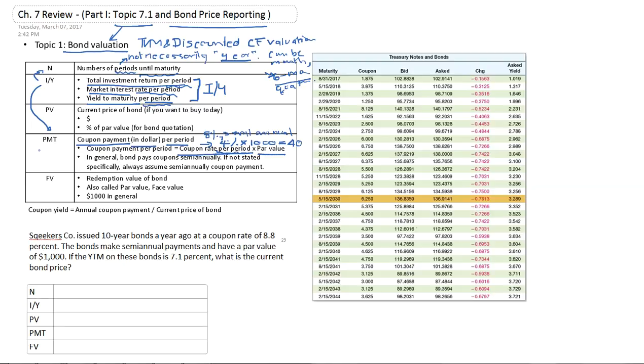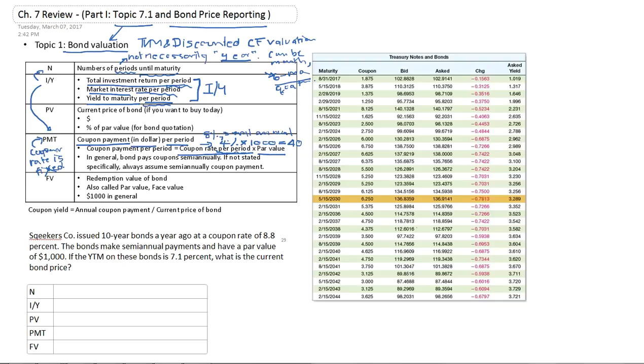Because the coupon payment is assigned to PMT, that already tells you the coupon is fixed. Whatever we put in payment has to be a series of cash flows with equal amounts happening at the same frequency.